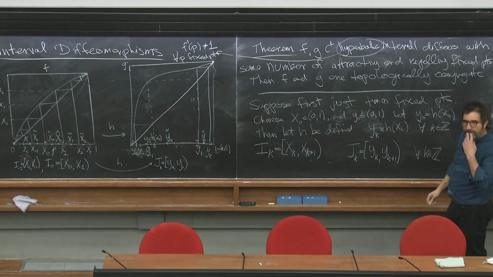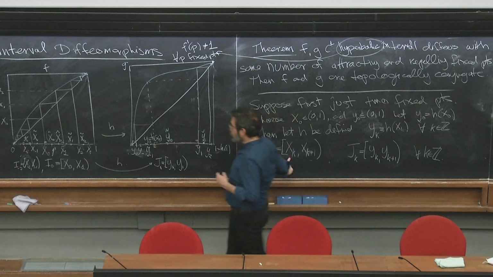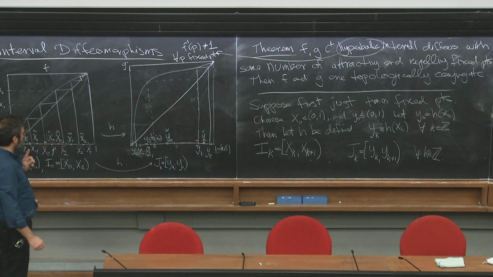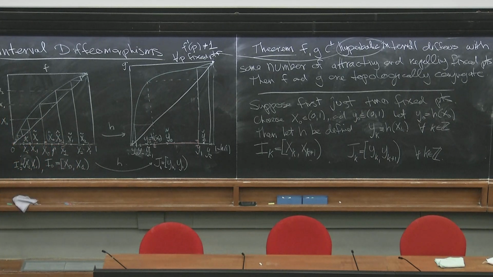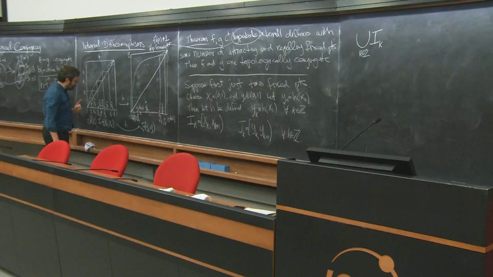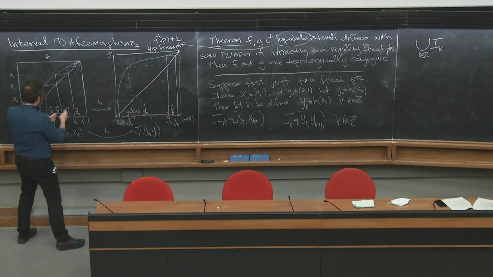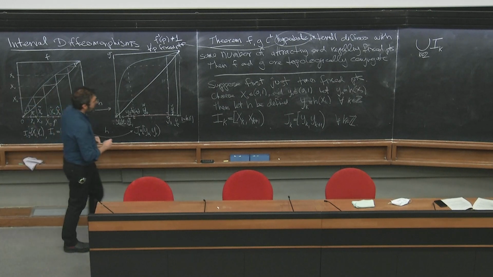What do I get? Are these Ik's disjoint, first of all? Yes, they're disjoint. This is an important point because that's why I took it half open here. So x0 will map to x1, x1 will map to x2, so not only are they disjoint, but each one maps to the next one.